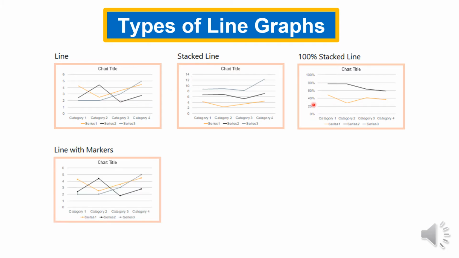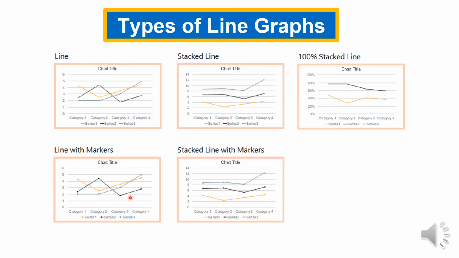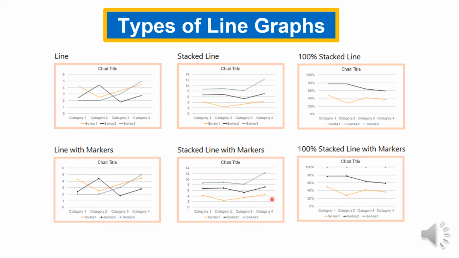Next, we have lines with markers. It is similar to the simple line, but they have dots that give a distinction of where or what part of the line has the values of the category or the scale. Next, we have stack line with markers, similar to stack line but with markers. And the same thing with 100% stack line but with markers.